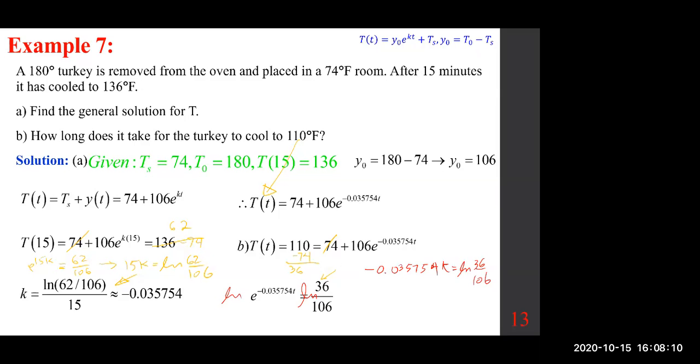But in any event, divide by negative 0.035754, and you have your time. This is the Newton's law of cooling, and this is it, class.